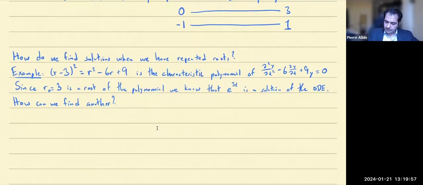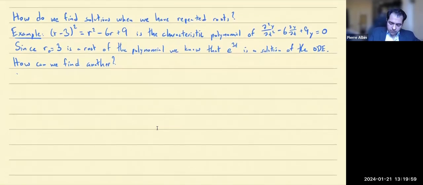Well, we know that e to the 3t solves, so let's consider the function z of t equals e to the minus 3t times y of t. If y of t were e to the 3t, then I'm dividing by e to the 3t, so I would just get 1. So this should really simplify it.